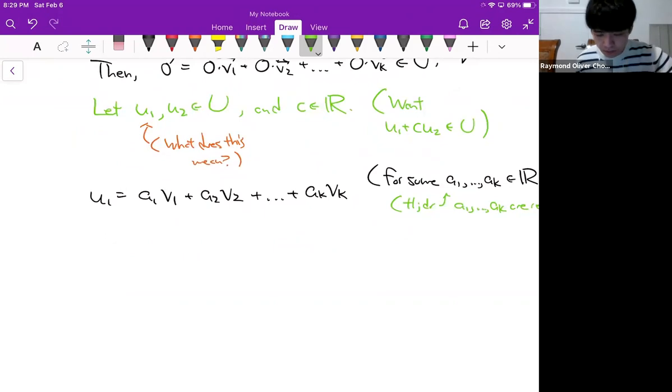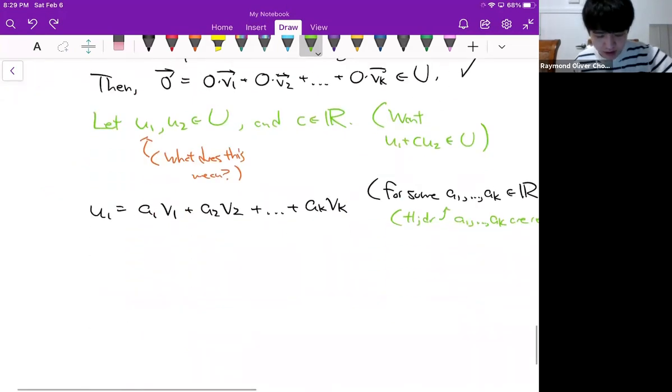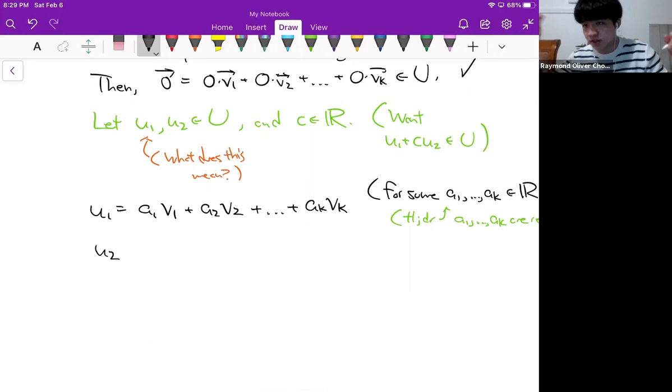Okay, so to be in the span means I can find you these numbers, right? These numbers exist by virtue of U1 being in the span. So I could say the same thing for U2. U2 is in the span of V1 up until Vk.